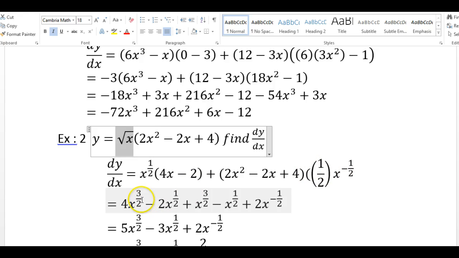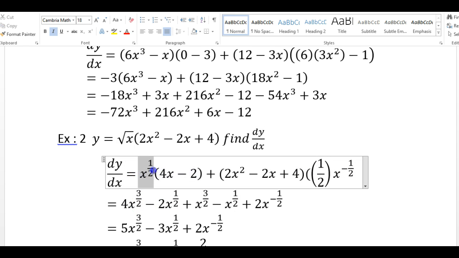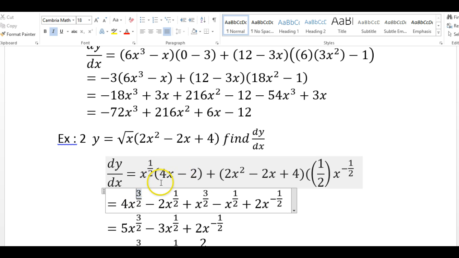So if I distribute this out, I have x to the 1/2 times 4x, right? And you know that when you multiply two powers of x, you add the exponents, 1/2 here and a 1 here, which add up to 3/2. So x to the 3/2, then x to the 1/2 times negative 2 is negative 2x to the 1/2. Then you get 1/2 times 2 is equal to 1, x to the 3/2, x squared times x to the negative 1/2.